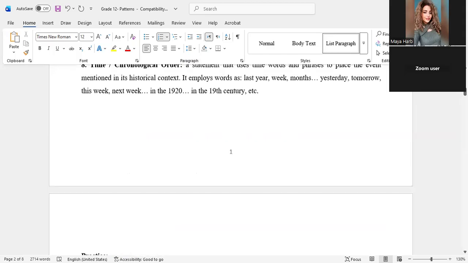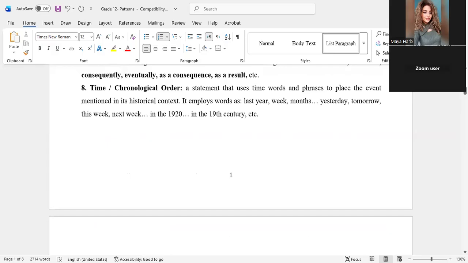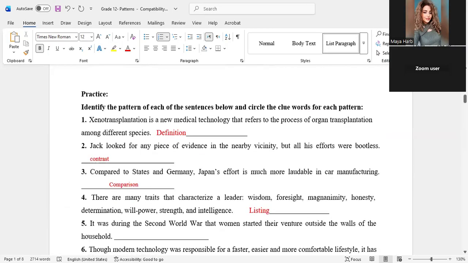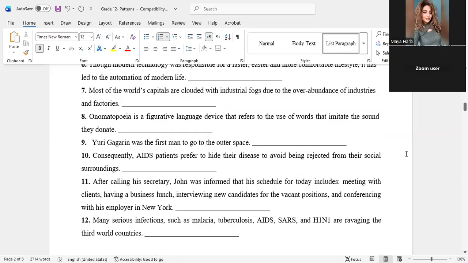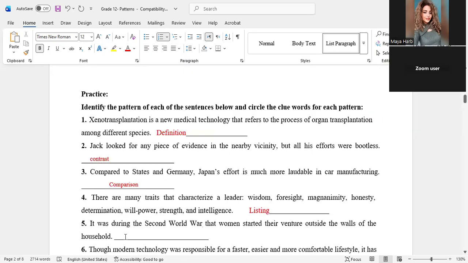Of course, because it's a time, I should say time order, or chronological order. So here we say it is, let's write it down, time order.